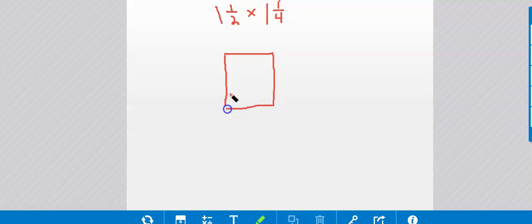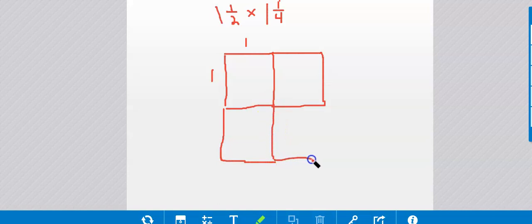So I'm going to make this my 1 by 1 square unit. Now, since it's longer than 1 by 1, it's 1.5 by 1 1/4, I'm going to make this 2 squares long, 2 units long. So really I have 4 holes here.